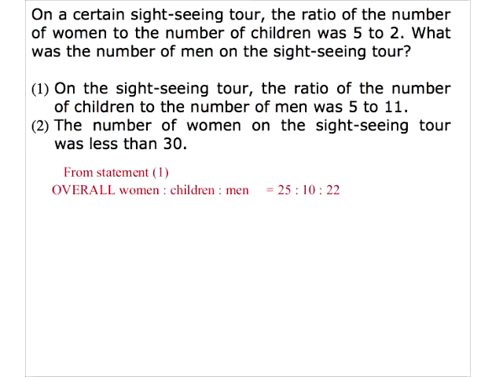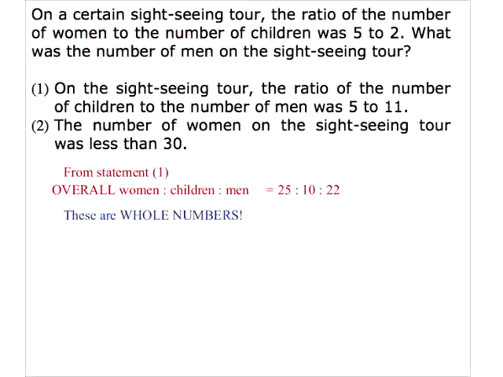What does this mean in combination with statement 2? Remember, these are whole numbers. So what are the smallest possible numbers of women, children, and men? The smallest possible numbers are actually 25, 10, and 22.